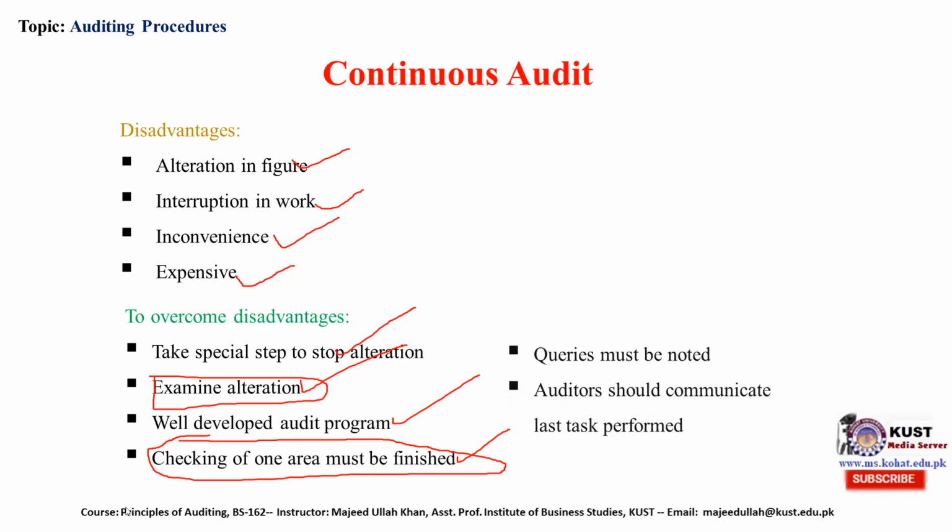If there is any query by management or any other person, it should be noted. The auditor should communicate their last task to their boss so that they have a proper record of what has been finished in the client premises. It will reduce these disadvantages of continuous audit.